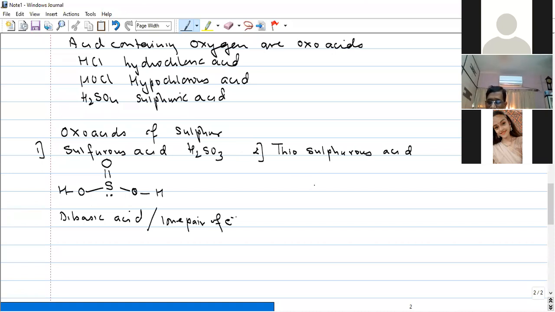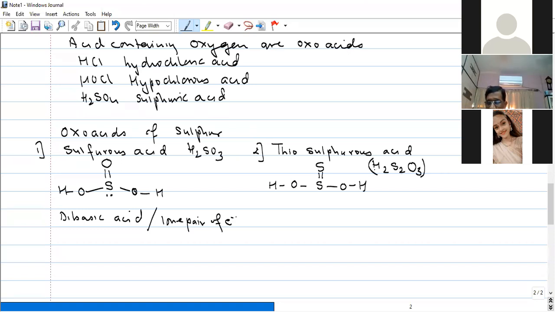Structure: S, OH, H OH, double bond S. Formula of thiosulfurous acid: H2S2O2.